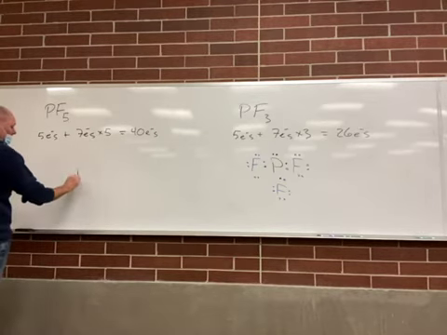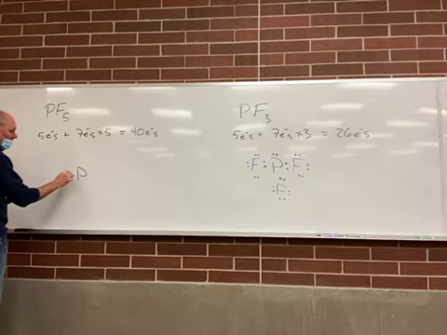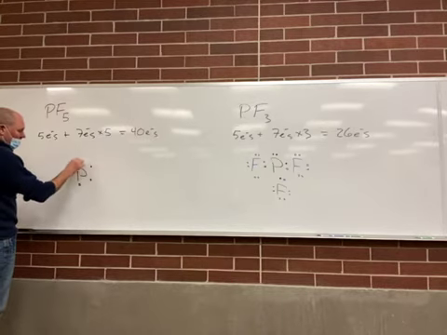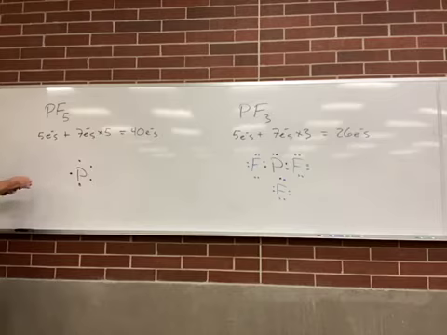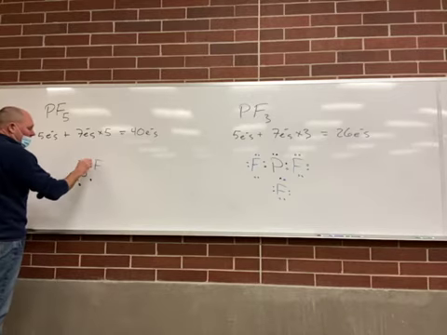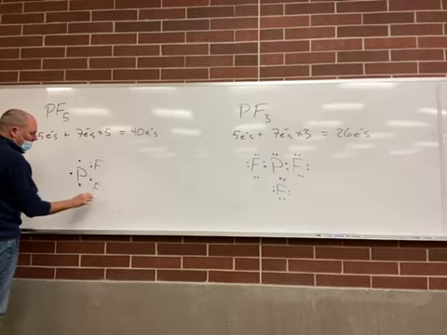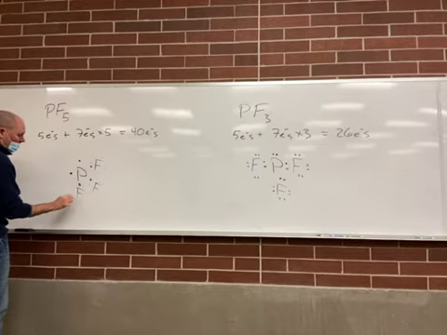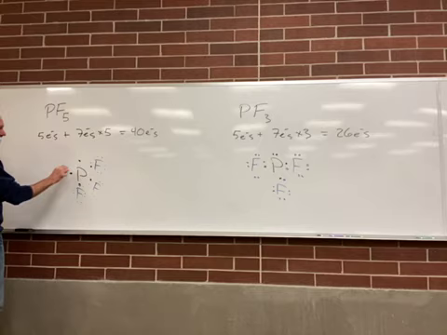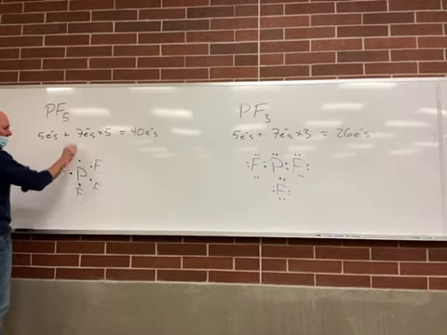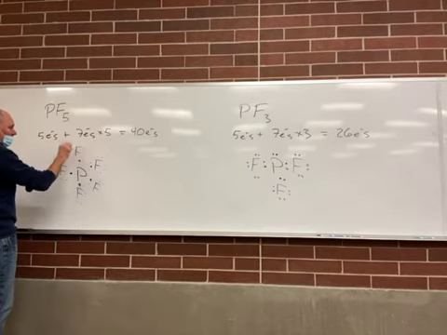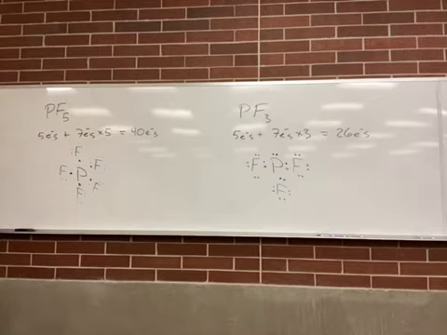Well, in this case, phosphorus says, all right, fluorine, bring it. And so fluorine brings in its 7. And that should be 40. If I do 8 times 5, that is 40.